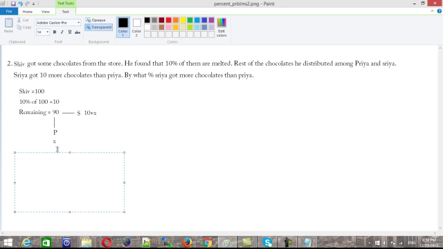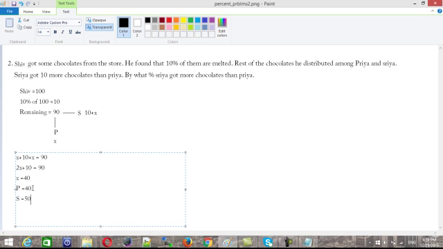So now we can write this as X plus 10 plus X is equal to 90. Then 2X plus 10 is equal to 90. If we solve this, X becomes 40. So Priya got 40 chocolates and Shriya got 10 more than Priya, that is 50 chocolates.